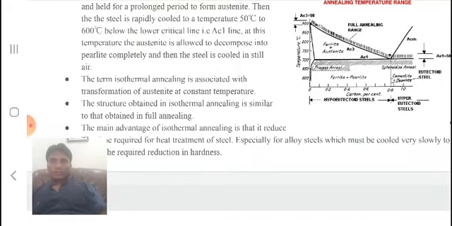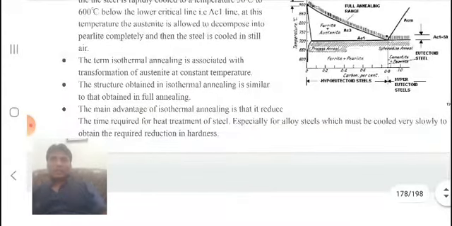The main advantage of isothermal annealing is that it reduces the time required for heat treatment of steel. Yes, this is what exactly we have discussed in isothermal transformation.